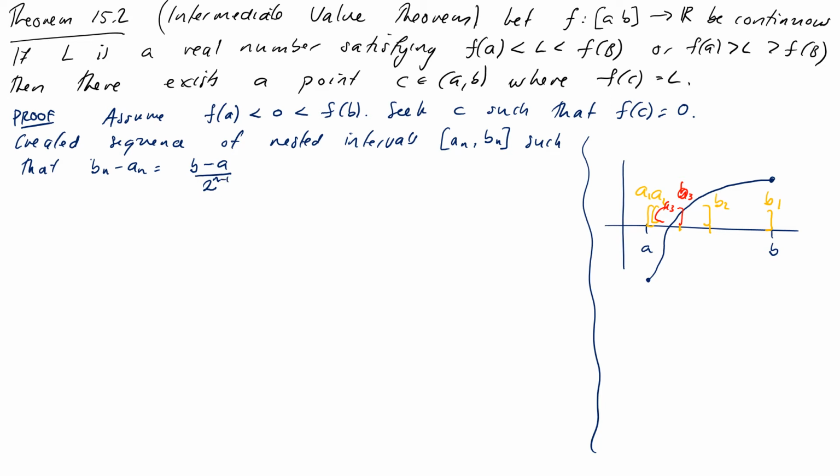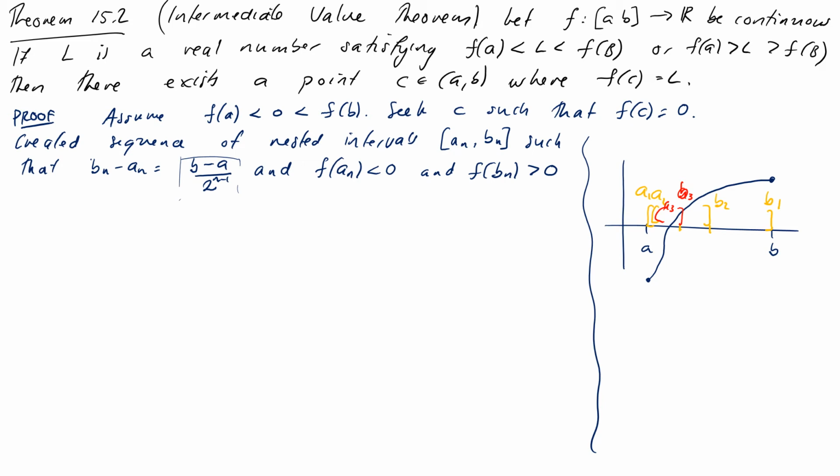And f of a_n is less than 0, and f of b_n is greater than 0. Okay, so at this point in time, we've set ourselves up a sequence of nested intervals that has size going to 0 at this rate here. And we're guaranteed that we're always choosing our a's and our b's so that we get a negative value on the left, so f of a_n is negative, and we're getting a positive value on the right.